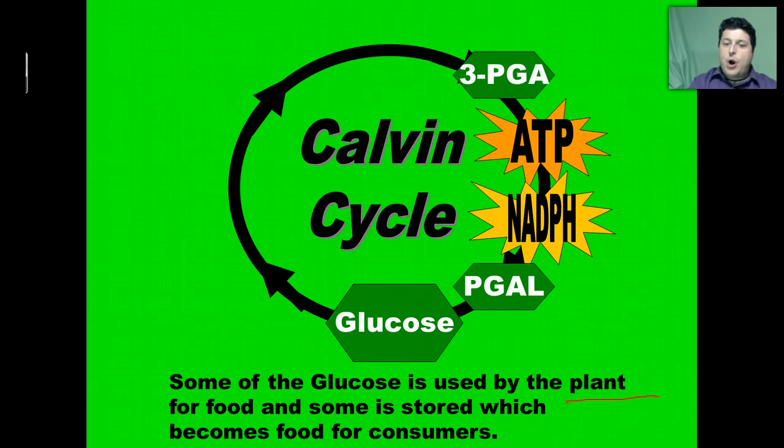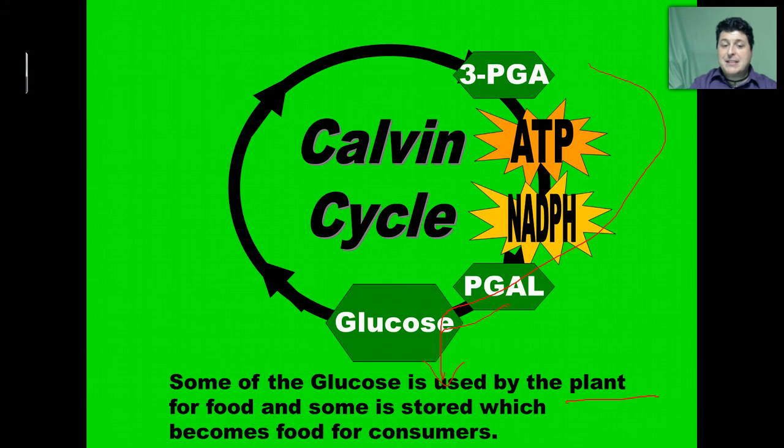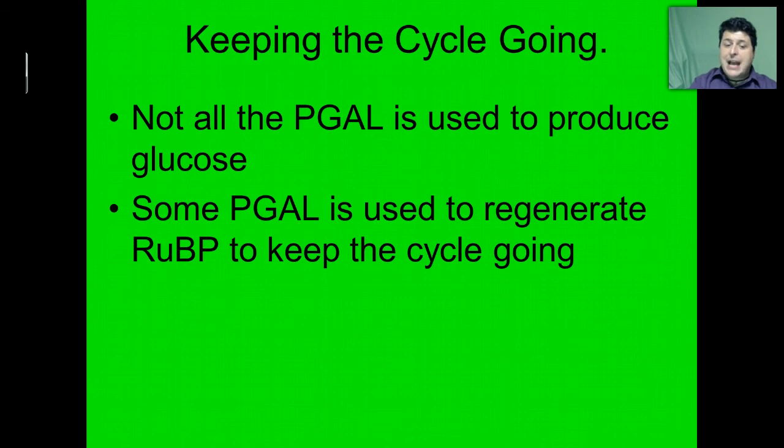Now, if we took all the PGAL and made glucose, this would no longer be a cycle. It would just go and then stop. So we need to keep the cycle going. To do that, we hold some of the PGAL back, and we use that to produce more RuBP.